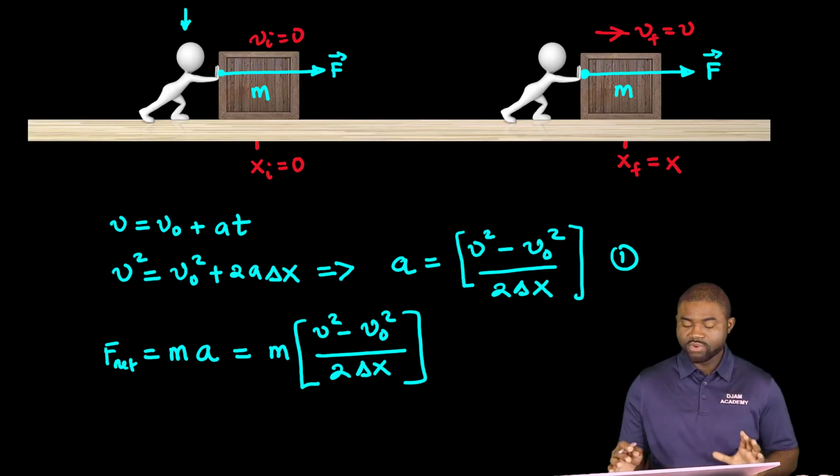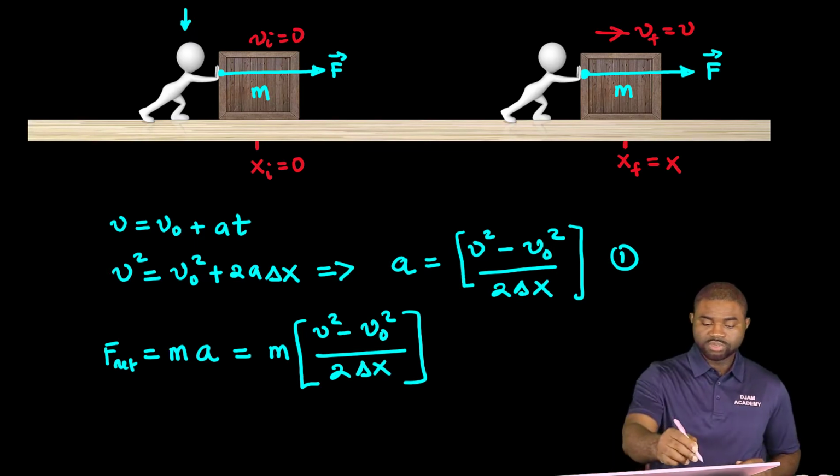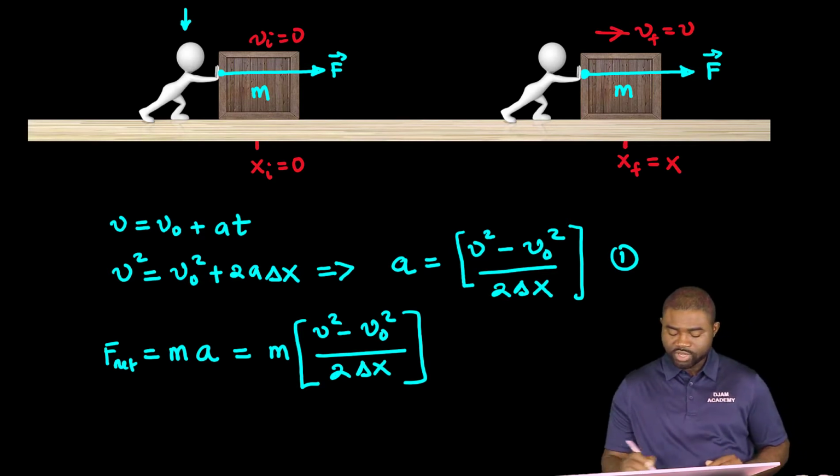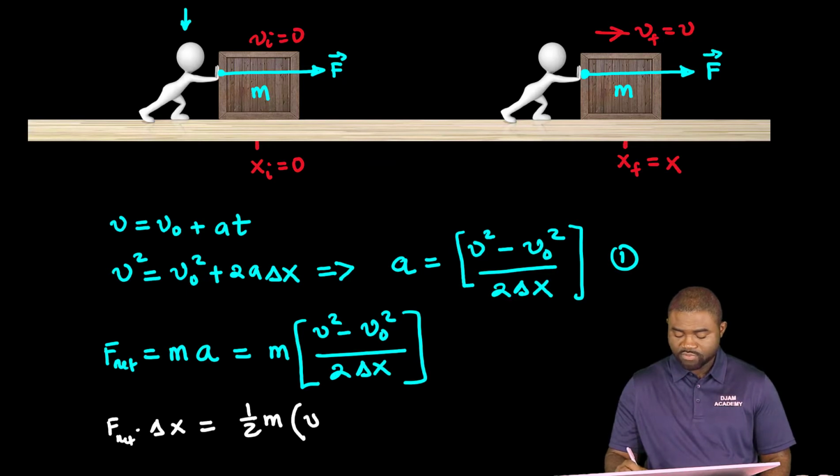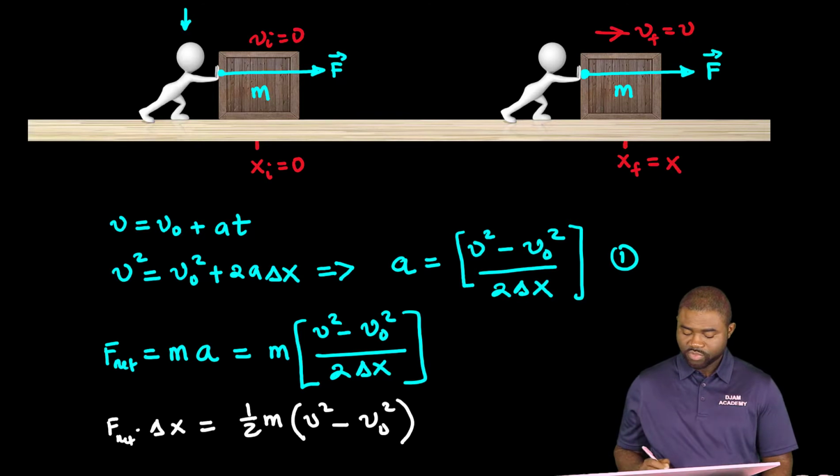Now we can rearrange this equation to give us something pretty beautiful. If you look at this carefully, we can now see that F net multiplied by delta x will be equal to 1/2 m bracket v squared minus v0 squared.